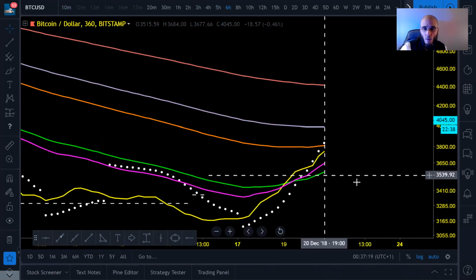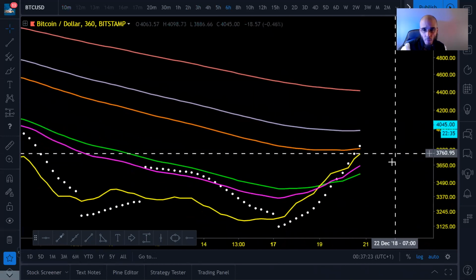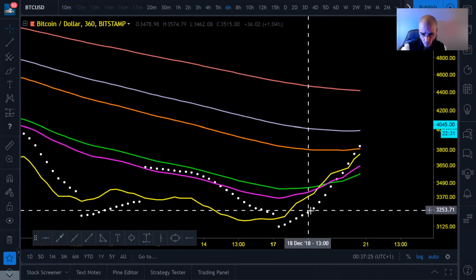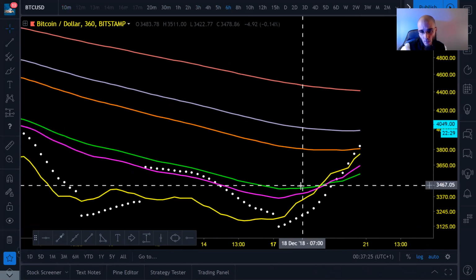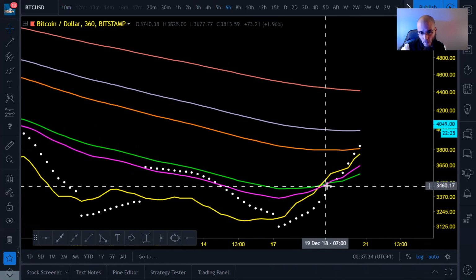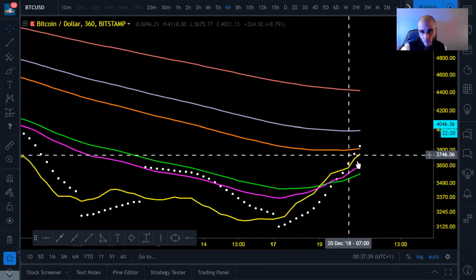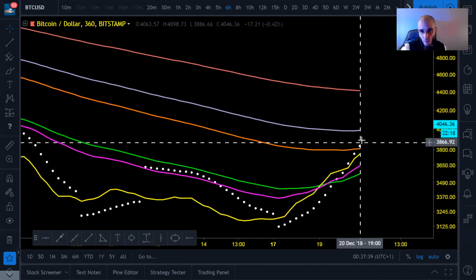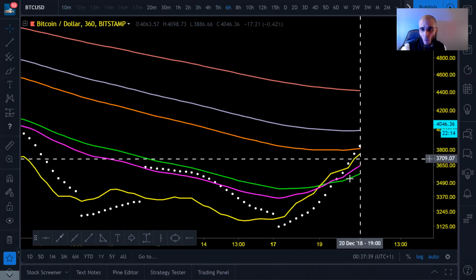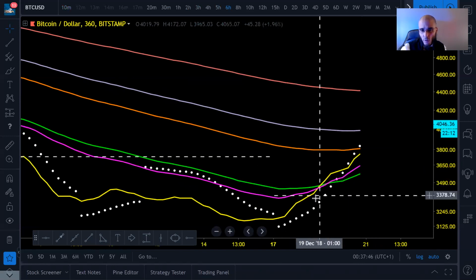If you look at the moving averages, consensus, like Tyler James likes to call it, you had a golden cross here. I'm not looking at the yellow moving average because it's only the 7.